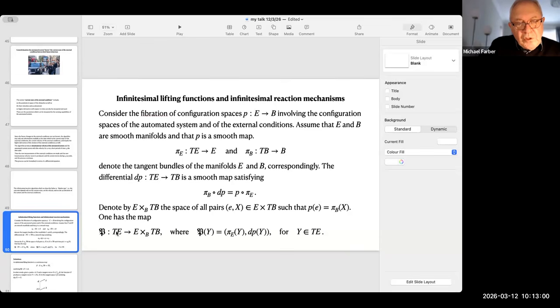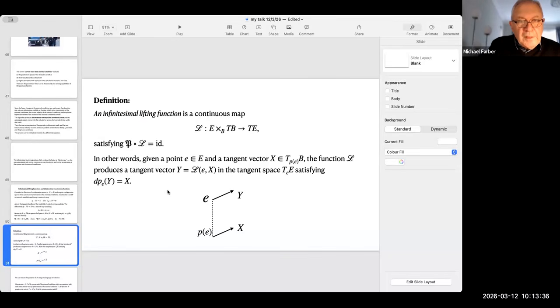You have a tangent vector on the total space, and you associate to it the point of the total space where it is attached, and also its projection onto the base. Okay, so this is what is written here. It is pi_E of y, the point where it is attached, and this is the differential of this projection. So this is this map.